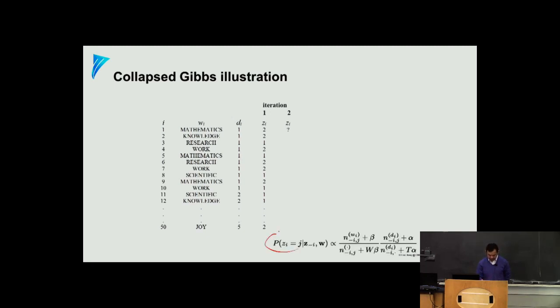Well, you use basically this proposal, which is the conditional of one single word given everybody else. And here is a closed form expression of that proposal, which is a multinomial, right? And then, conditioning on all this, which is in here, you draw this new sample. And it's 2 in this case, okay?